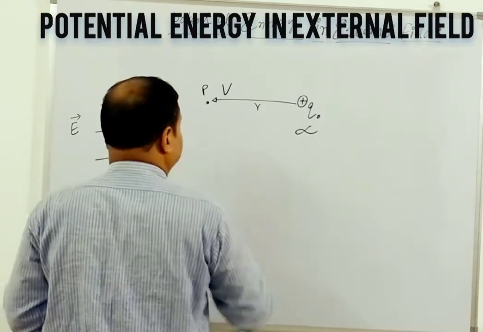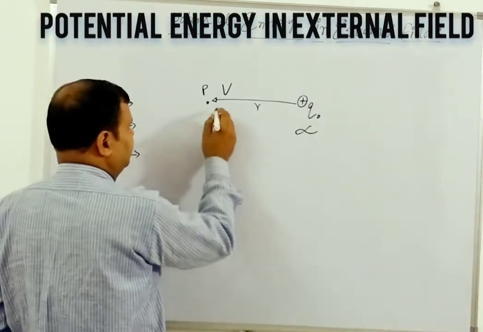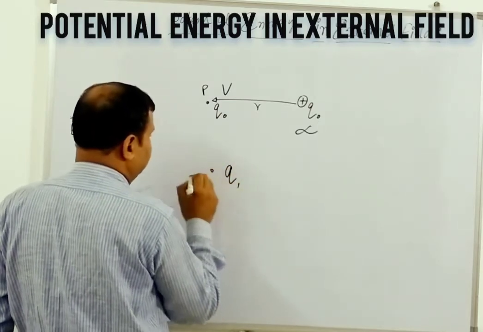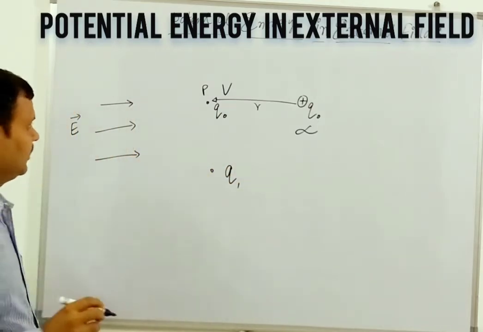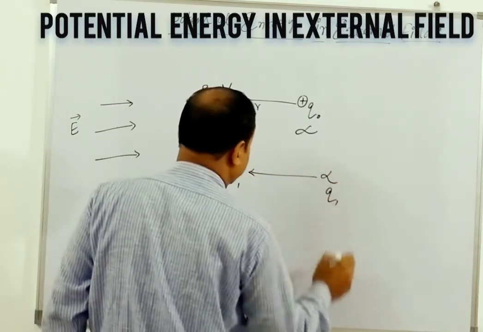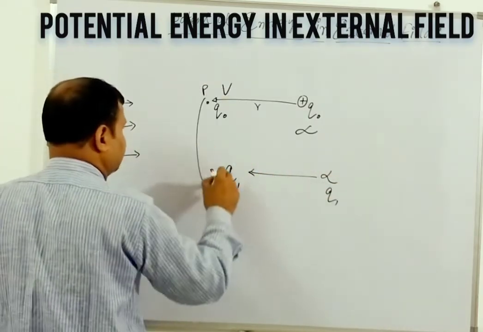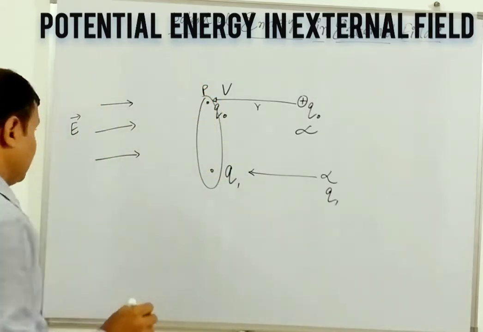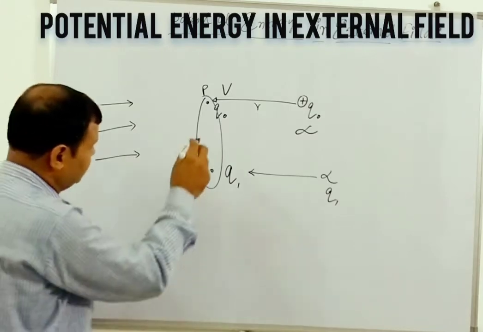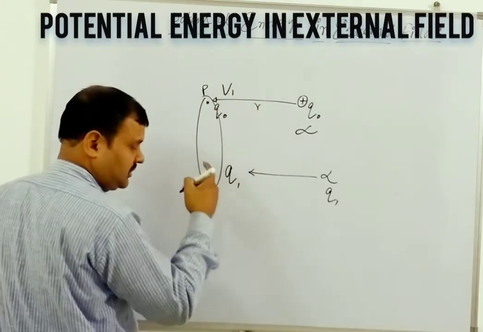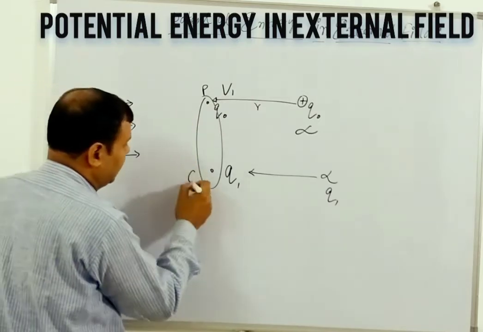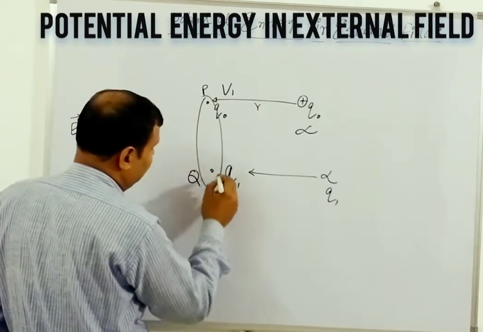Now there could be two configurations. Here is Q0 and here, suppose, is Q1, which is also brought from infinity. To achieve this set of configuration, what amount of work needs to be done by the external field? Suppose the potential due to this field at point P is V1, and at point Q the potential would be V2.